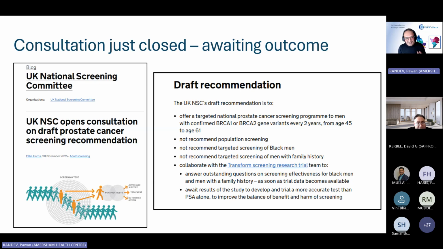The consultation for this document completed on the 20th of February. So there's going to be a period of 2 or 3 months where all of the feedback is going to be looked at, and the screening committee will issue guidance within the next 3 months.